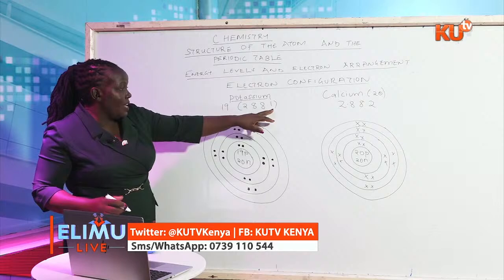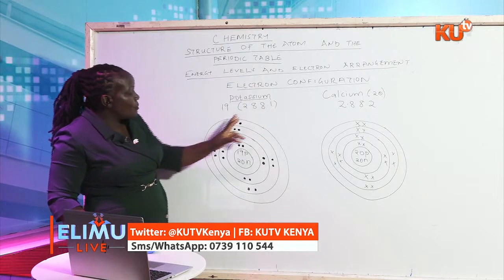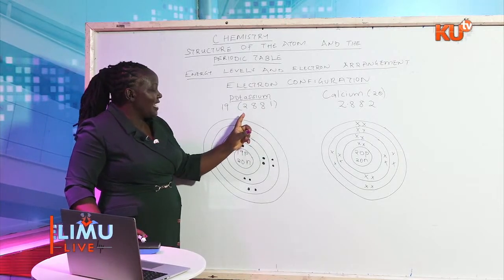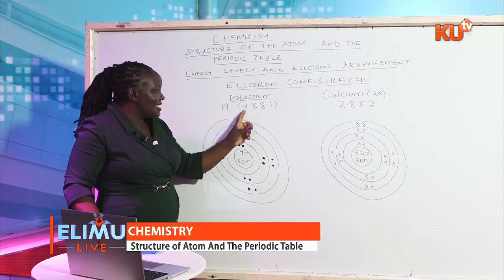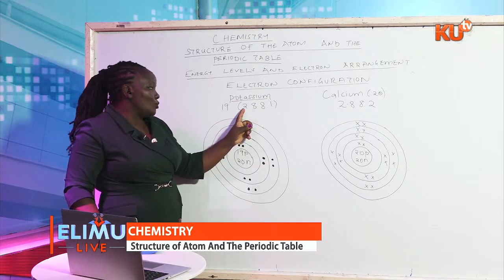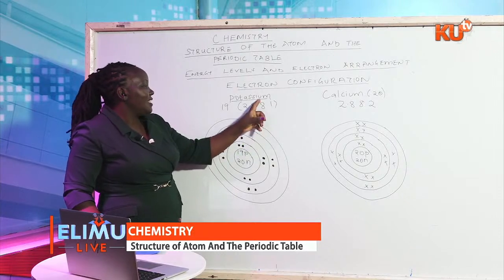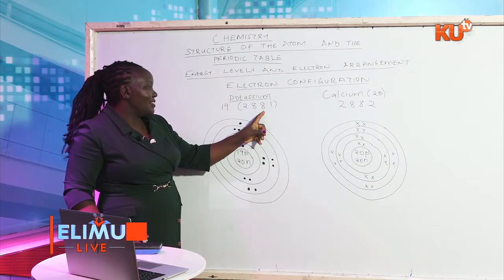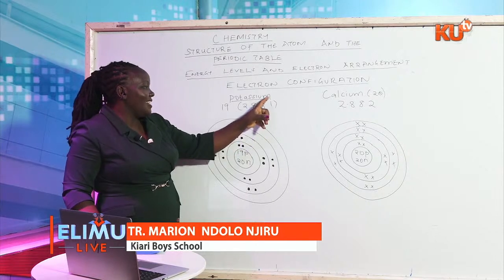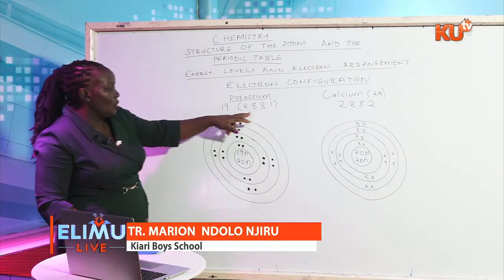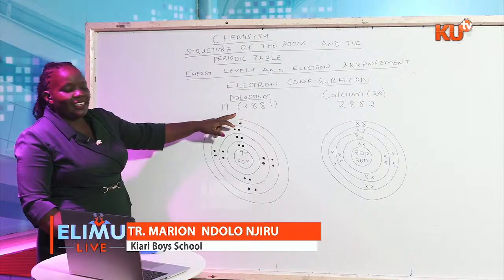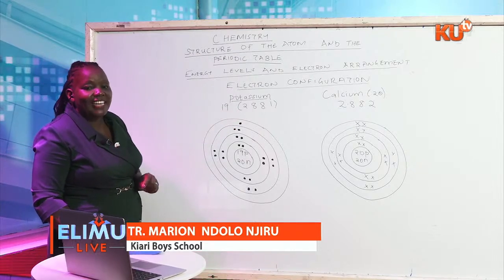Like in this case, we have potassium. From the electron arrangement, we can see the first energy level has 2 electrons, the second has 8, the third has 8, and then the fourth one. So in total, potassium has 4 energy levels.